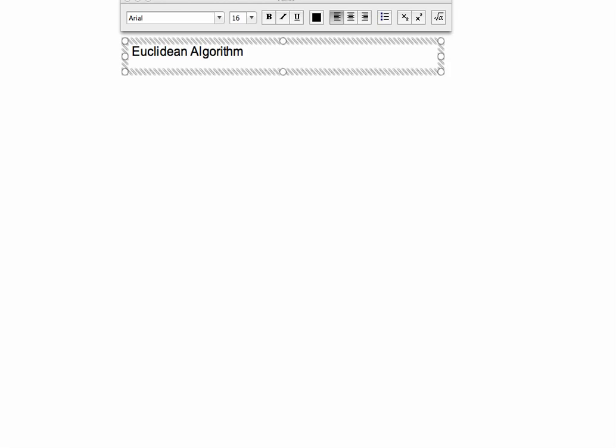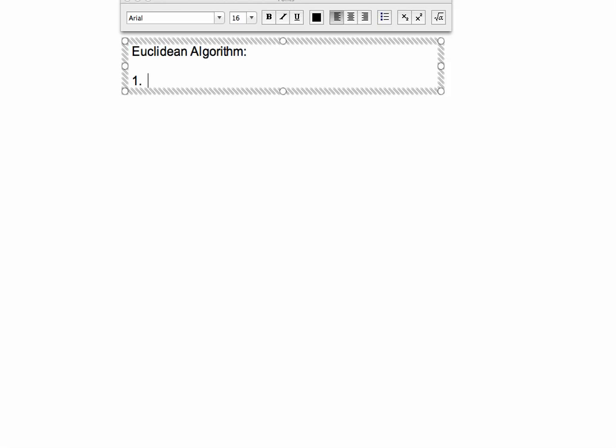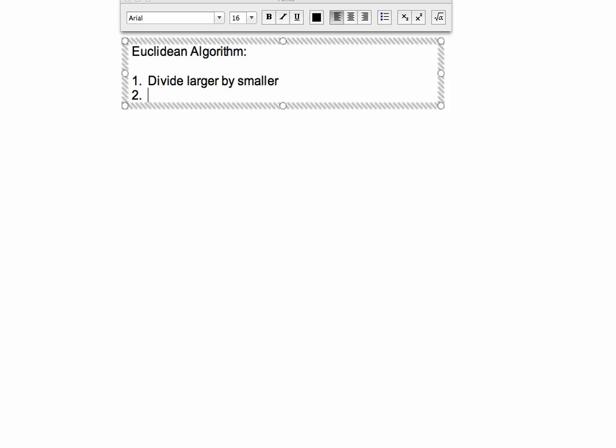Okay, so step 1, let's do the division version. Let's divide the larger by the smaller, and then we take the smaller, divide the larger by the smaller.